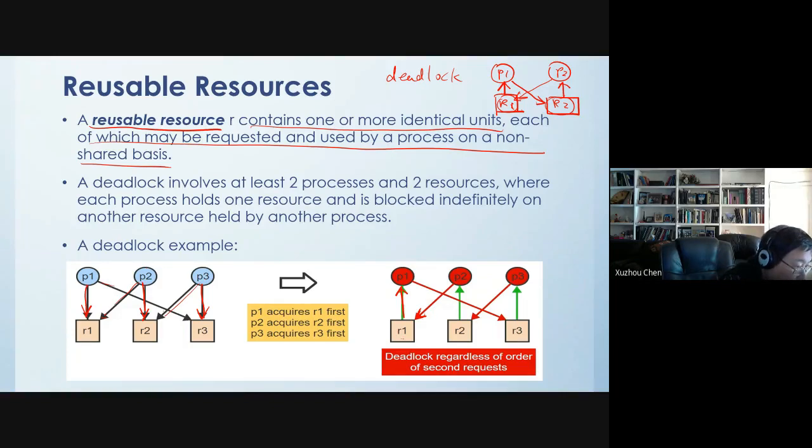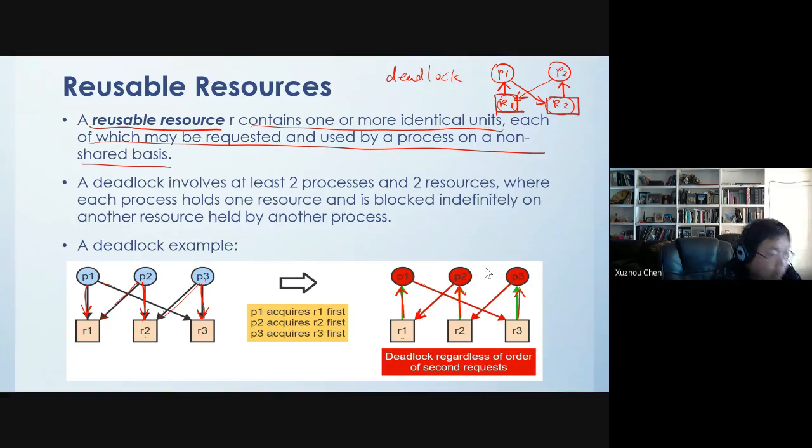Then process 2 and process 3 both request R2, and process 2 gets the resource. Same with process 3 and process 1 both requesting R3: process 3 gets the resource, and process 1 has to wait. That's the worst scenario.